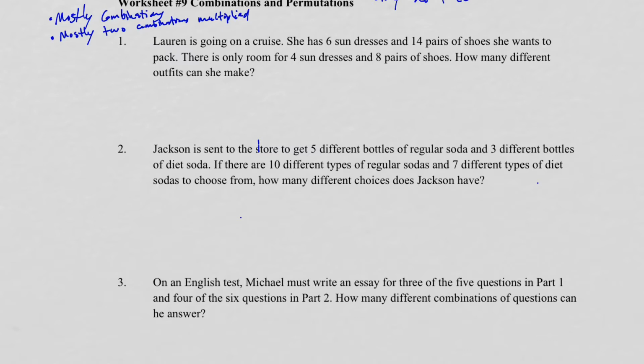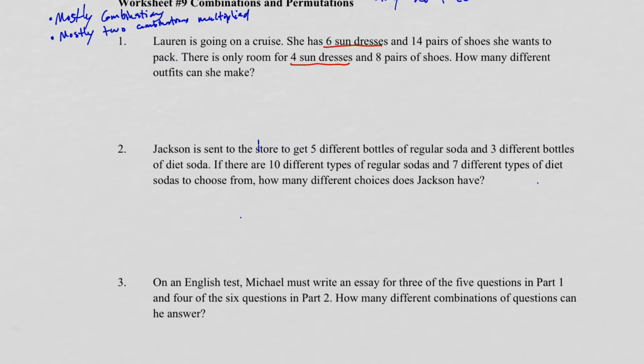So if you look at her dresses, she has 6 and she's only choosing 4. Okay, so she could choose the first 4, the last 4, the middle 4, all kinds of different arrangements.